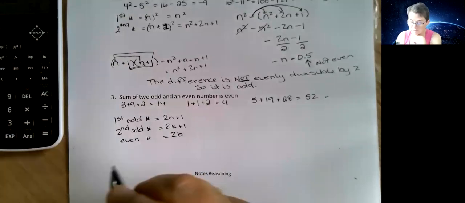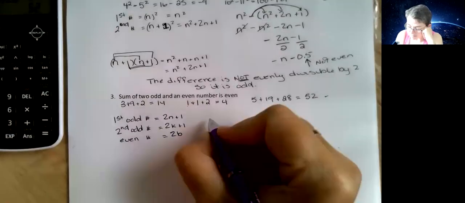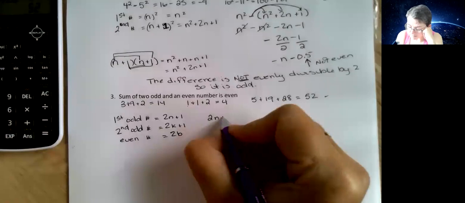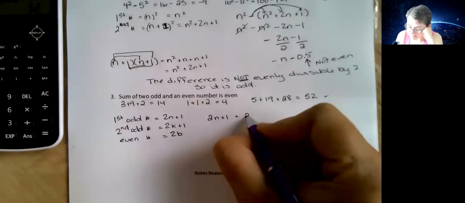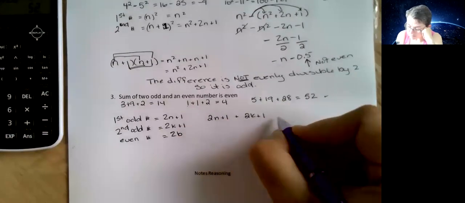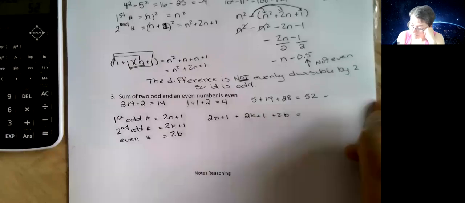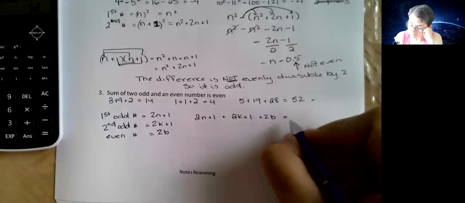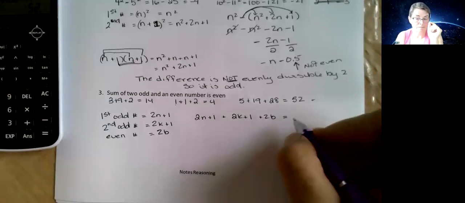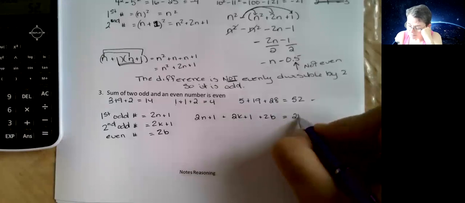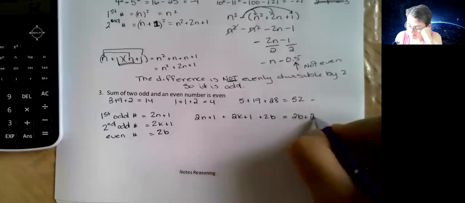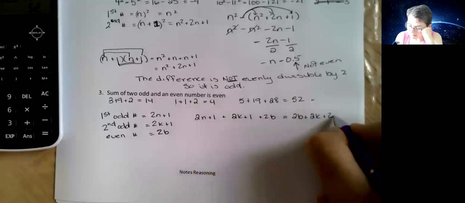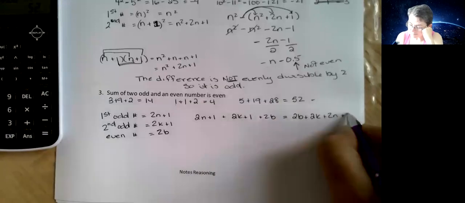All right, now it says find the sum. So 2n plus 1 plus 2k plus 1 plus 2b. Well, what do we get when we add that up? Let's go alphabetical: 2b plus 2k plus 2n plus 2.